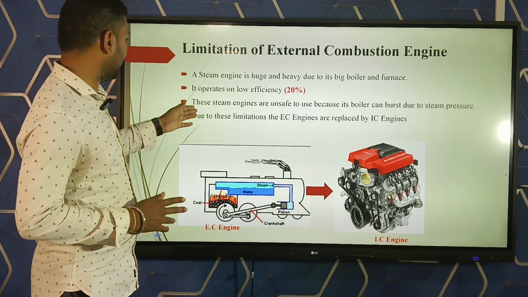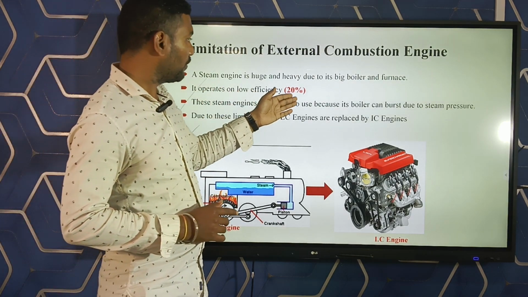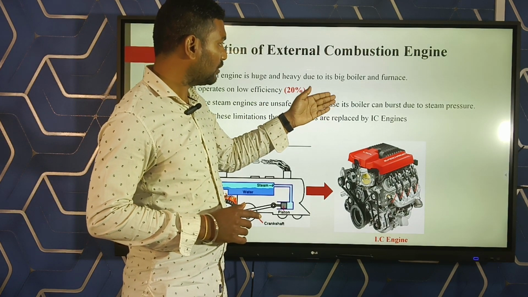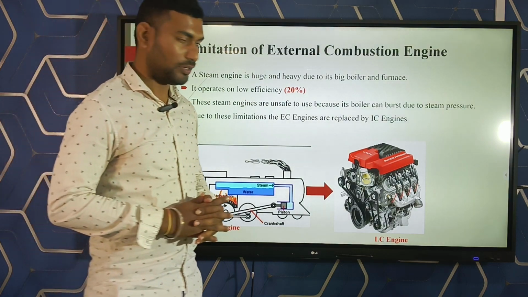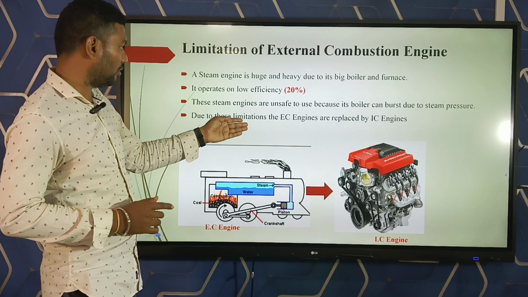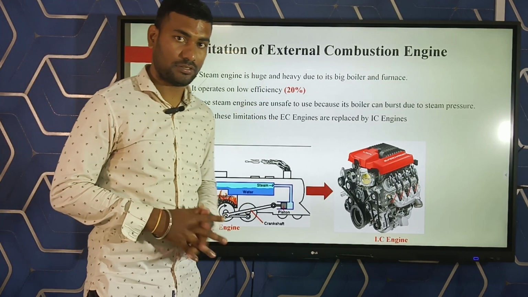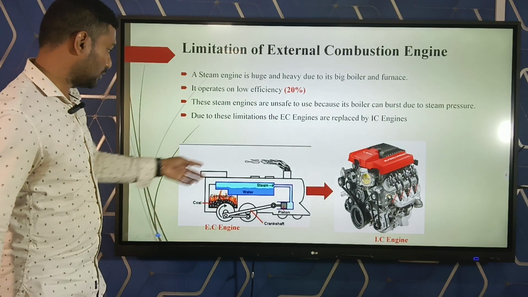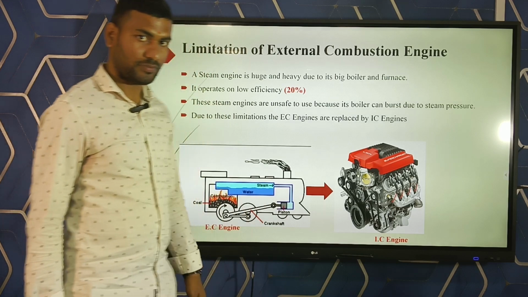Then, steam engines are unsafe to use because the boiler can burst due to steam pressure. Fourth point, due to these limitations, EC engines are replaced by IC engines. This is the diagram of the EC engine and that is the IC engine.